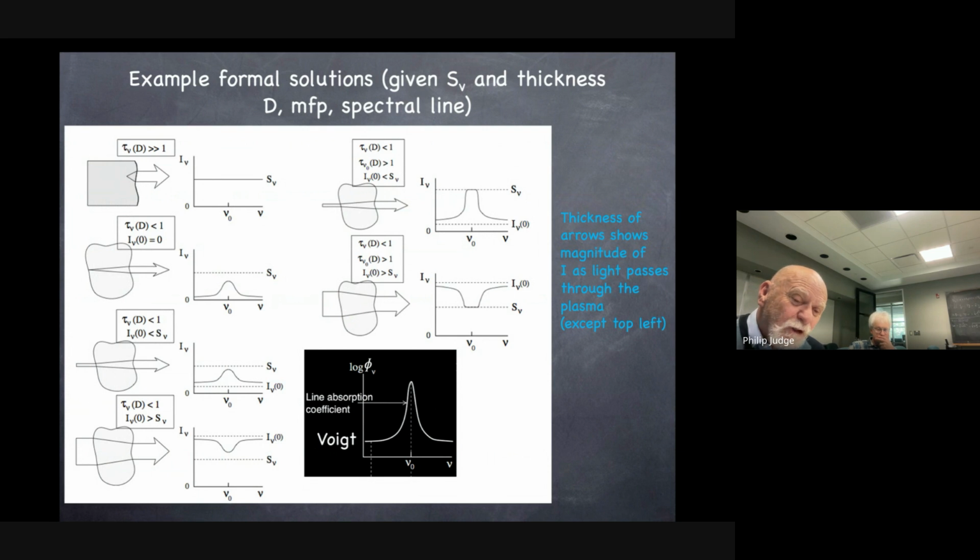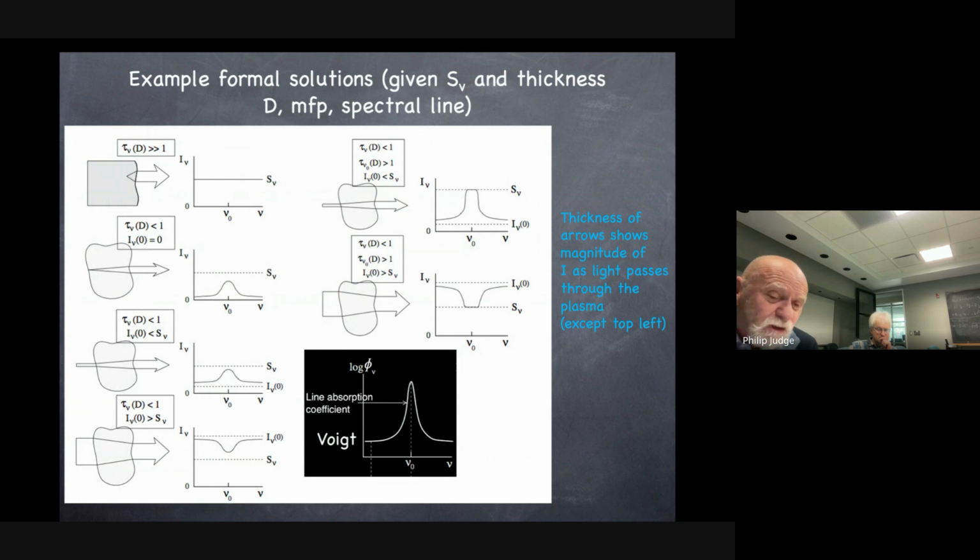Now, if we put H alpha in there and we specify that the source function is a Planck function, we know that the chromosphere is supposed to be warmer, so the source function should be brighter. The line should be brighter, but in fact, what we see is it's dimmer. H alpha is only brighter in the core than in the wings in flares and such. And you can say, well, why is that?